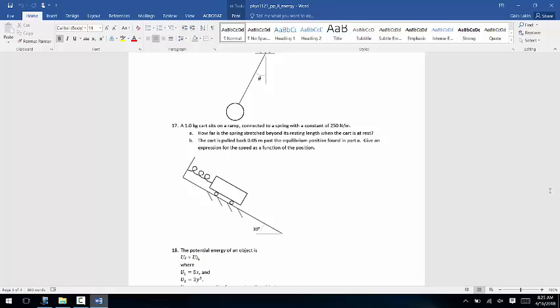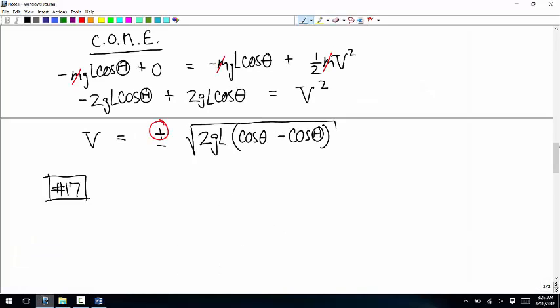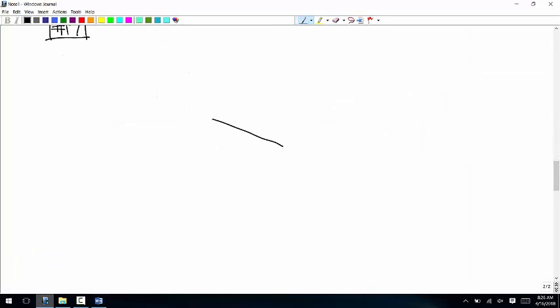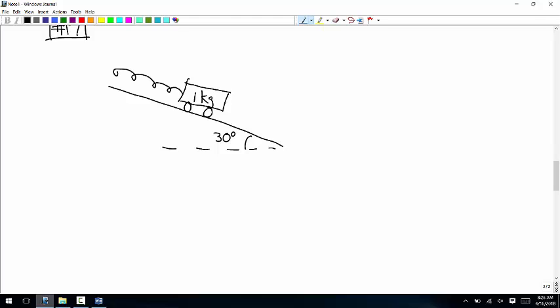And then it's pulled back a little and it oscillates. The angle is 30 degrees. Here's the cart. It has a mass of 1 kilogram. The spring has a constant of 250 newtons per meter.